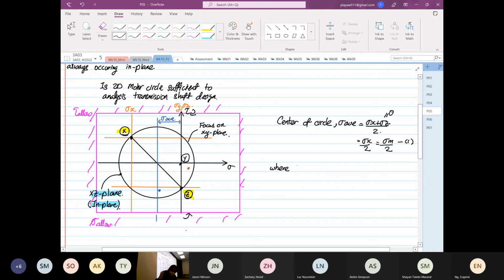Stress M is a stress induced by the bending moment, okay, by the bending moment, and when the shaft is not under any axial loading.